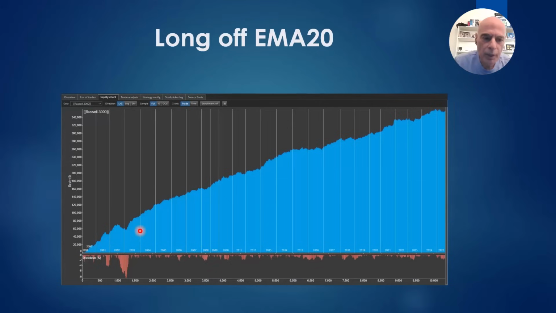This is the equity curve we get. It's fairly smooth. Again, the x-axis is the number of trades that this strategy takes. So we see that it takes quite a few trades through the 25-year period.